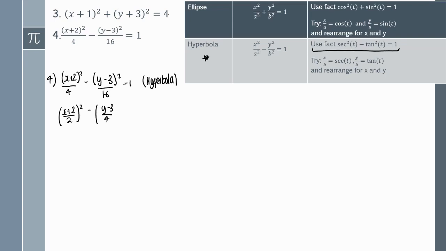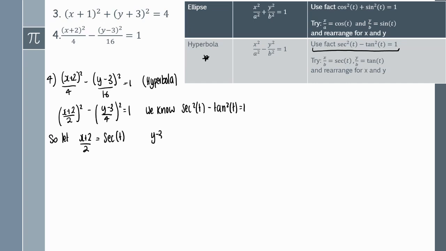Firstly, I need something squared minus something squared equals 1. So I just will take the 4 and make it 2 squared. So x plus 2 all over 2 squared minus, again, 16, the square root is 4. So I could have y minus 3 over 4 all squared equals 1. We know that sec squared t minus tan squared t equals 1.